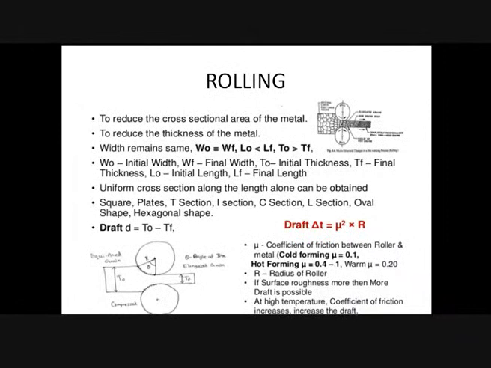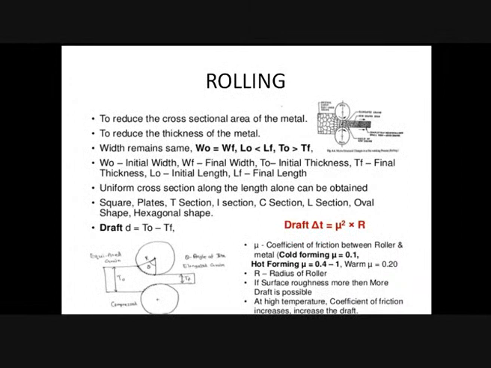Because the rollers are rotating, they push the material out only in the length direction, keeping the width constant. Therefore, volume before equals volume after: H0 B0 V0 equals H1 B1 V1, where V1 is greater than V0.